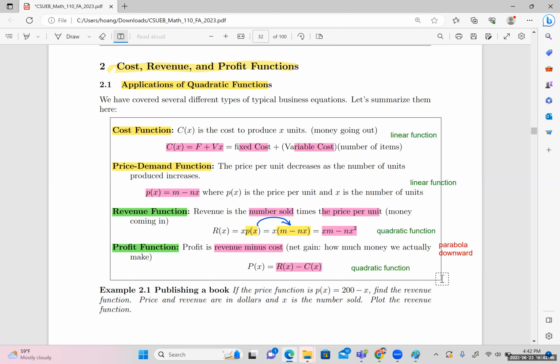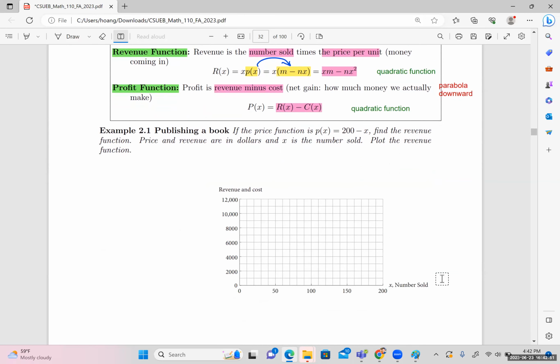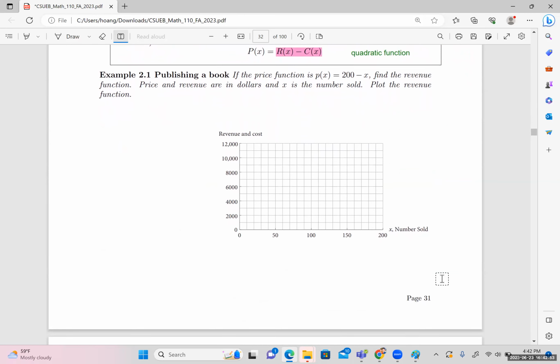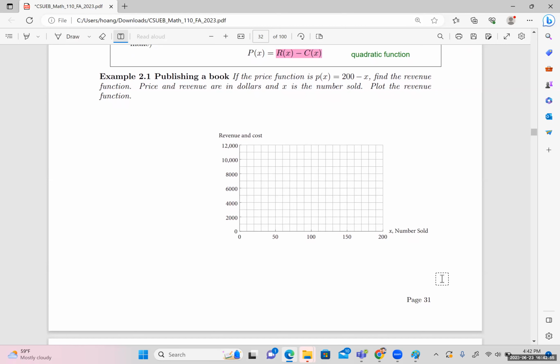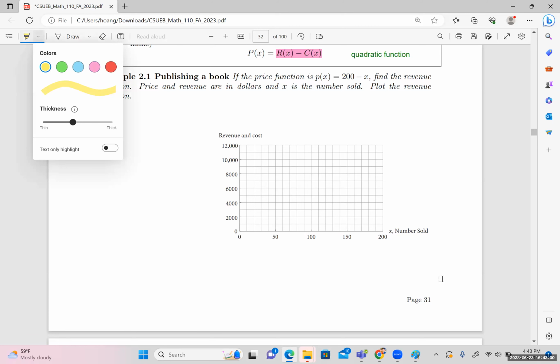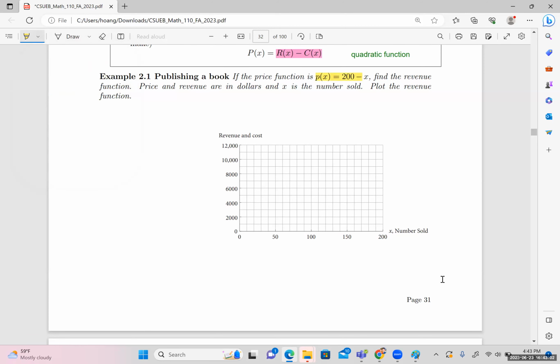example 2.1, publishing a book. Okay. All right, so if the price function is p of x equals 200 minus x, we need to find the revenue function. The price and the revenue are in dollars, and x is the number of items.